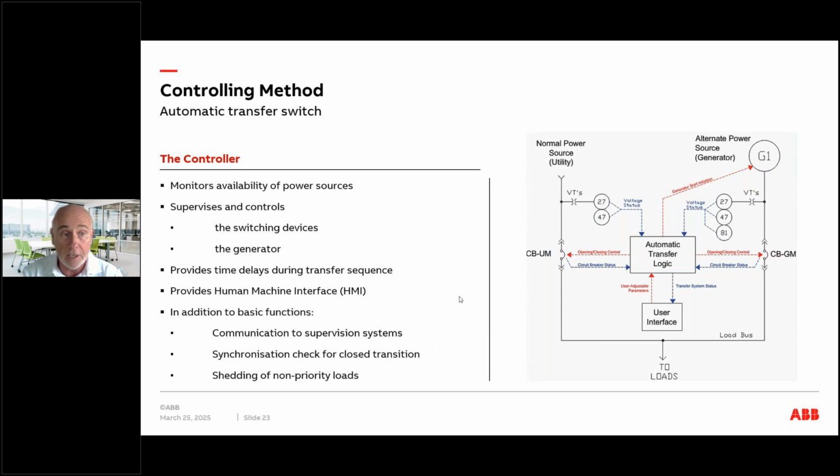But the controller's function is to monitor and control the switching procedure. So essentially, like we saw with the example, it monitors the condition of the primary supply, and if that primary supply falls out of tolerances or you lose it, then it initiates the switching transfer to the backup supply.